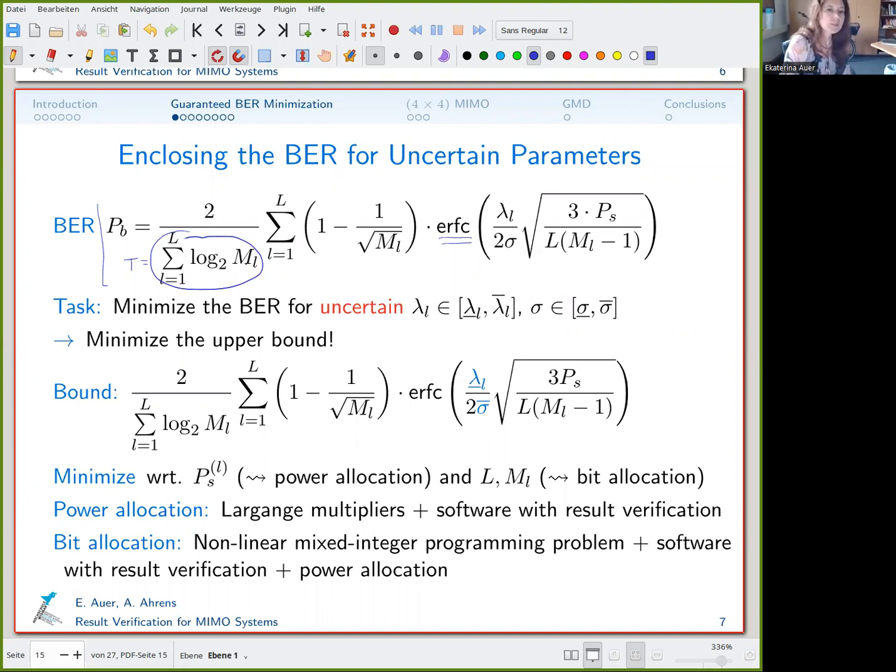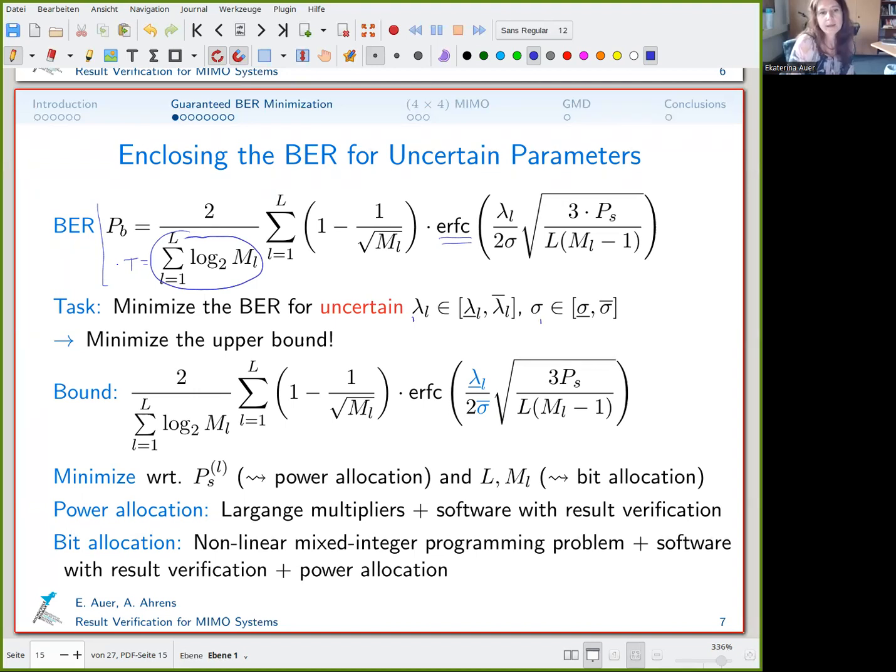So what we want to do is to minimize this BER with respect to uncertain singular values and the uncertain noise variance, or let's say uncertain noise standard deviation in this case. The fact is that we don't need to do this using interval arithmetic on a computer. We see that this function is monotonically decreasing. Then using the normal rules of interval arithmetic, we can compute the upper bound for the BER, which we then minimize.